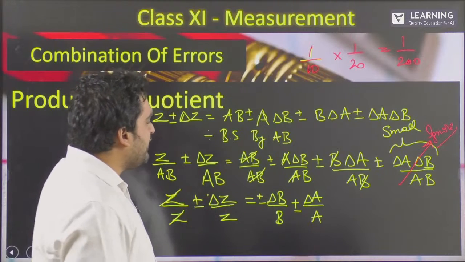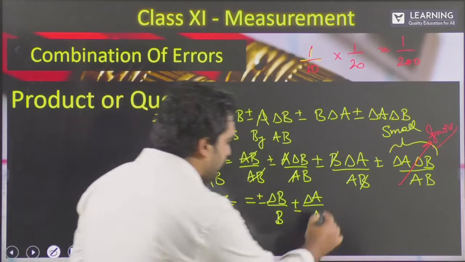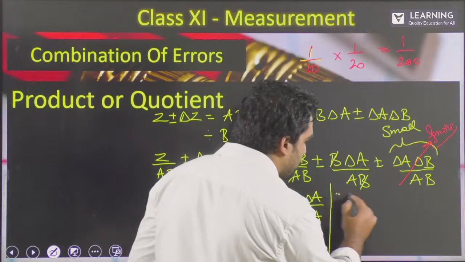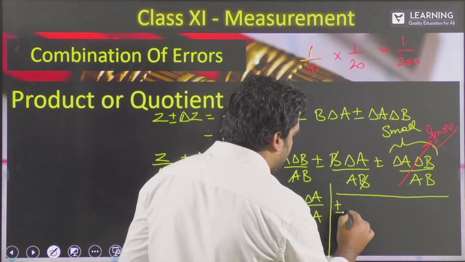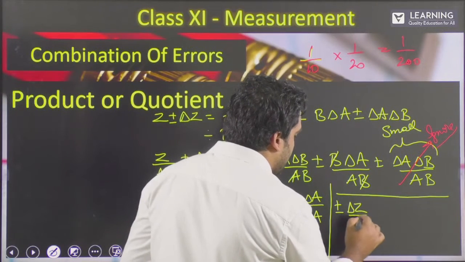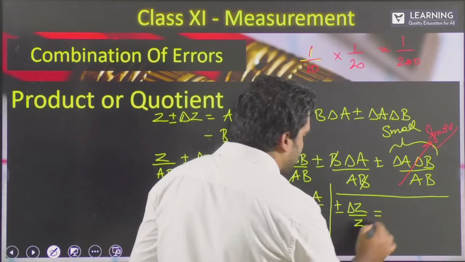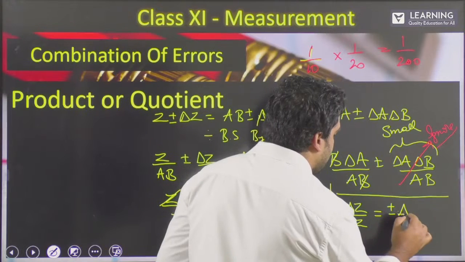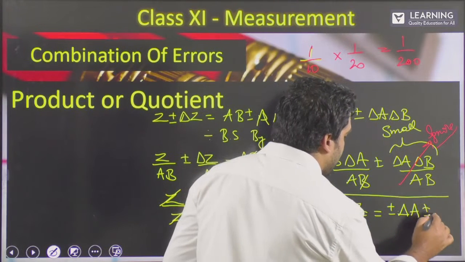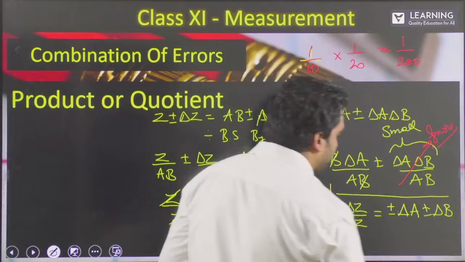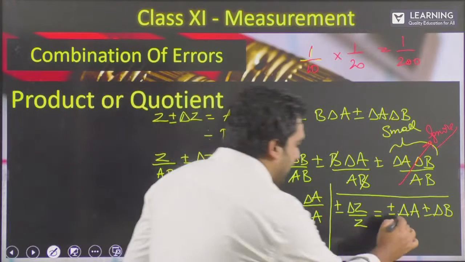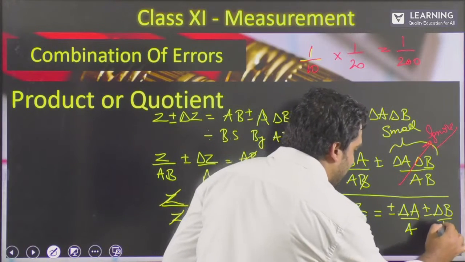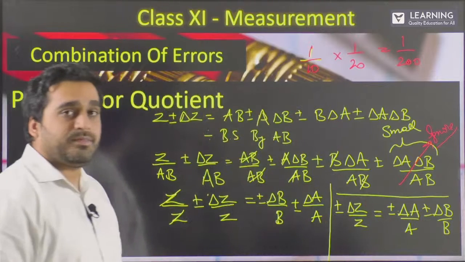So you can finally write this equation. I'll put it here in a box. Delta Z by Z equals plus or minus delta A by A plus or minus delta B by B, the relative error.